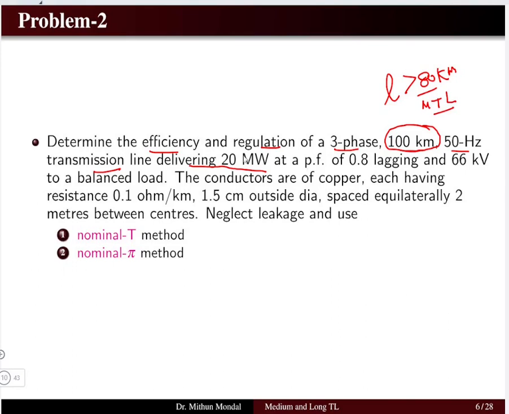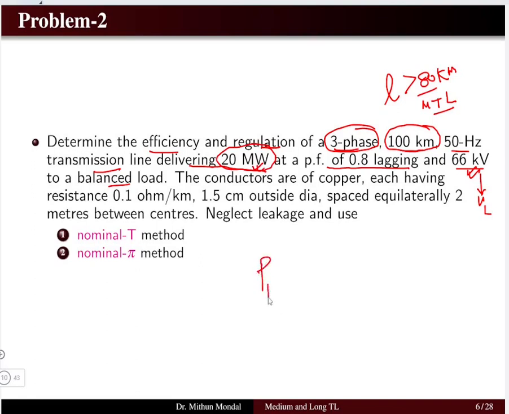The power factor at the receiving end is given as 0.8 lagging, and 66 kV to the balanced load. Now the system is 3-phase, so this voltage 66 kV is basically the line voltage at the receiving end. The power 20 megawatt is basically, now you note down the unit, it is in watt, right? If the unit is in watt, we are given the real power.